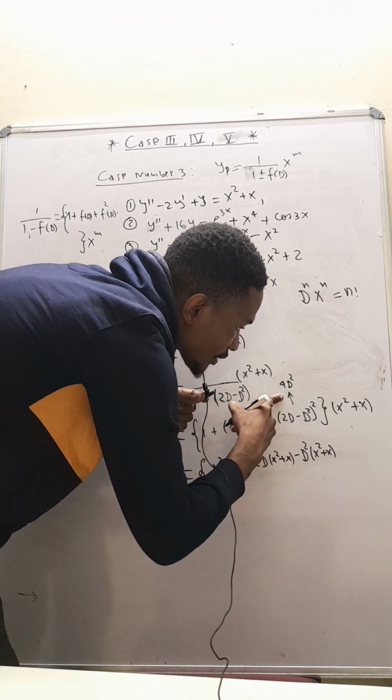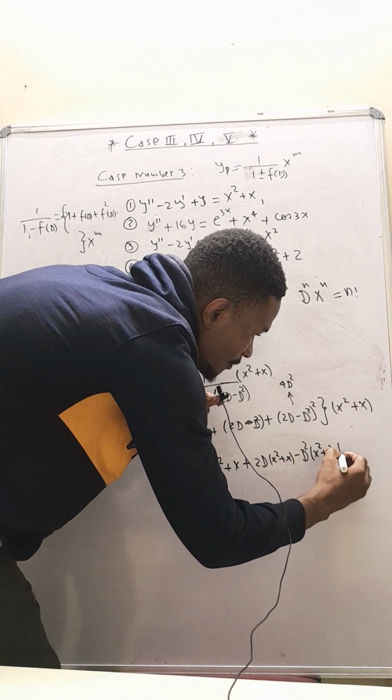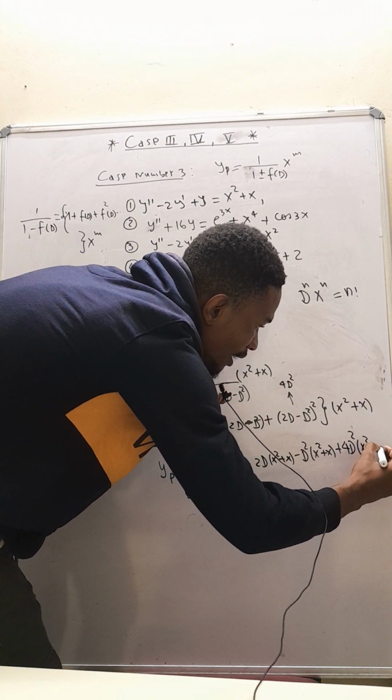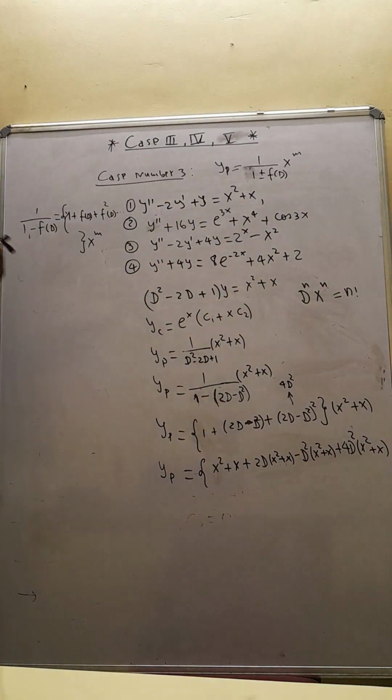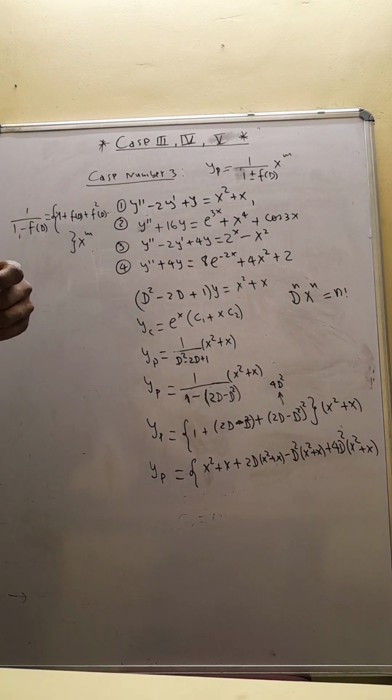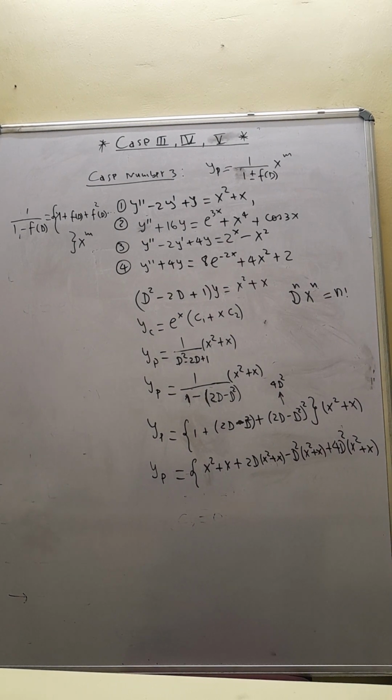Then here I will take only 4d squared applied to x squared plus x. And that's the point. Okay, you can see this one.